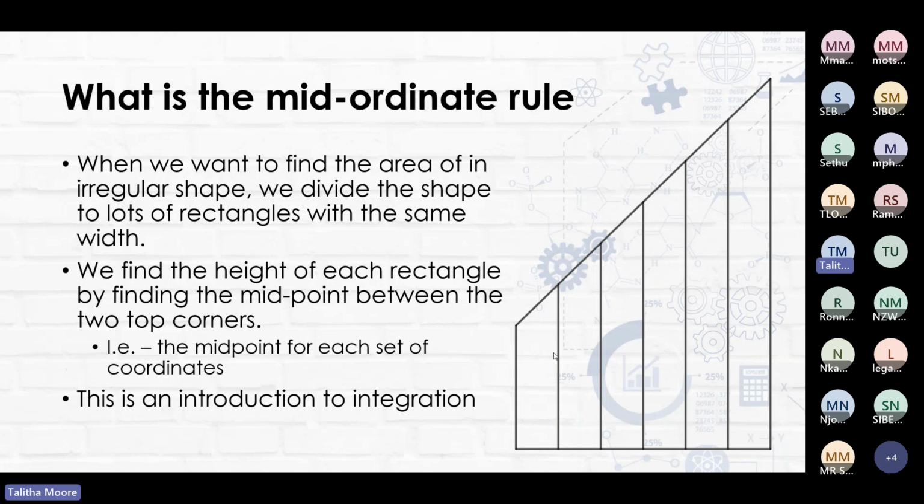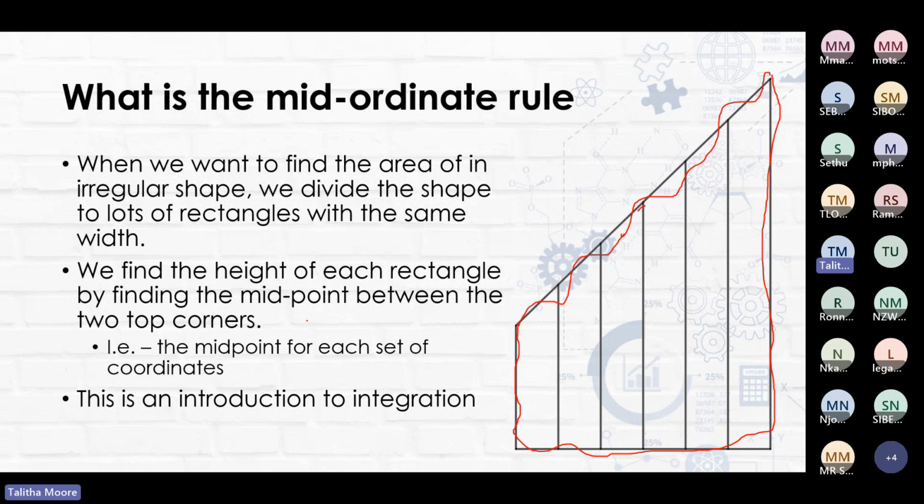So you'll see I've just drawn this shape here, which is not quite as irregular. When they talk about irregular, they're talking more about a shape that has more bumps, and is not quite uniform and symmetrical.